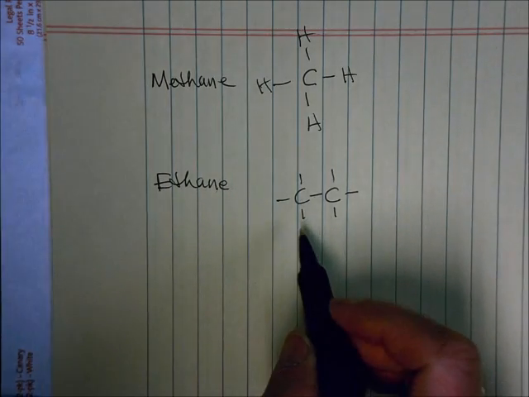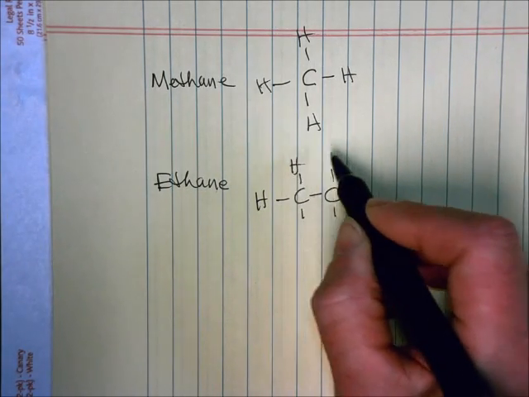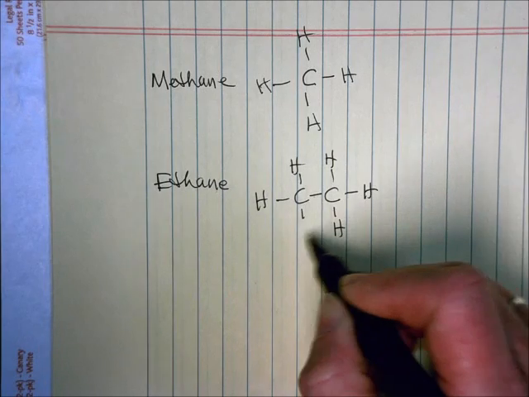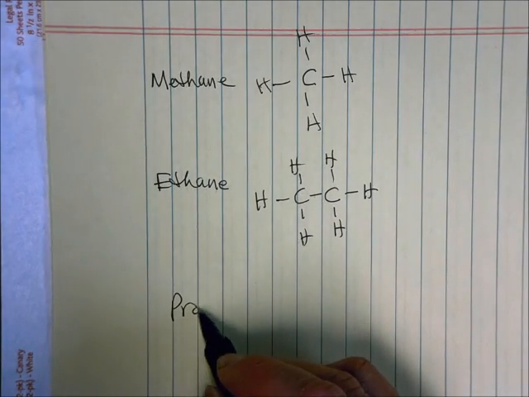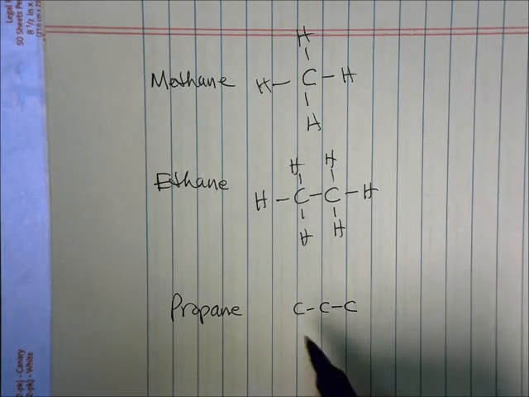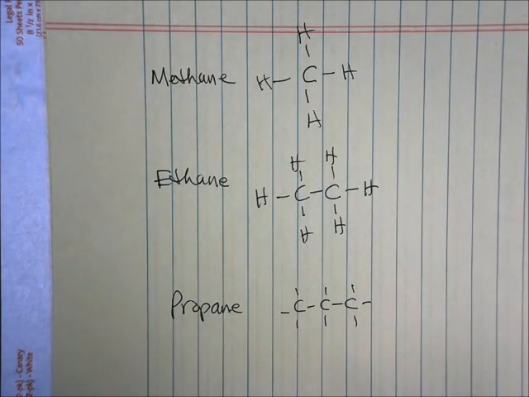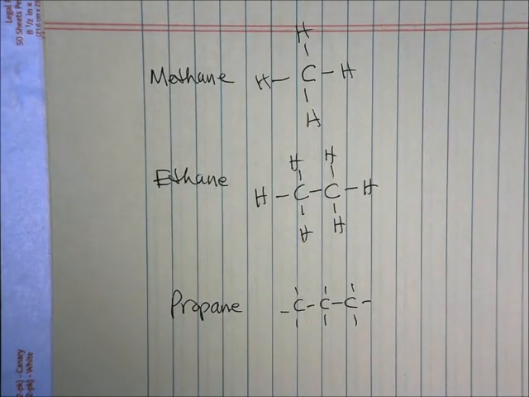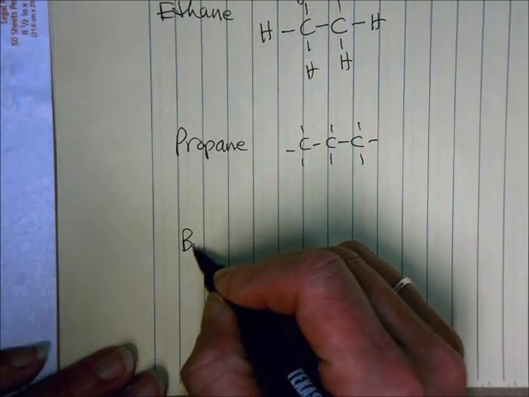So ethane has 2 atoms of carbon. This is an ethane molecule, 2 atoms of carbon and that many hydrogens. Propane has 3 atoms of carbon, so the carbons are all hooked together, and then each one of those would be hooked to hydrogens. Each carbon is hooked to 4 things. When you look at butane, it shows 2 different kinds of butane.